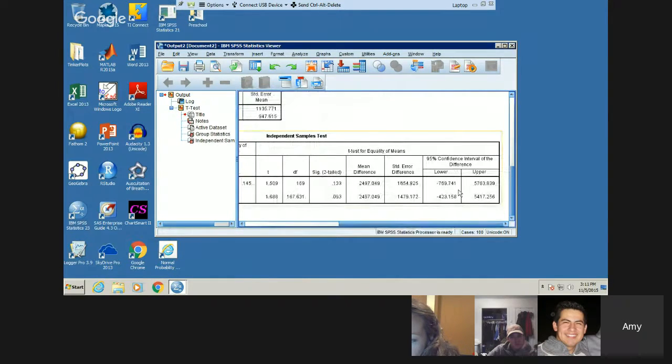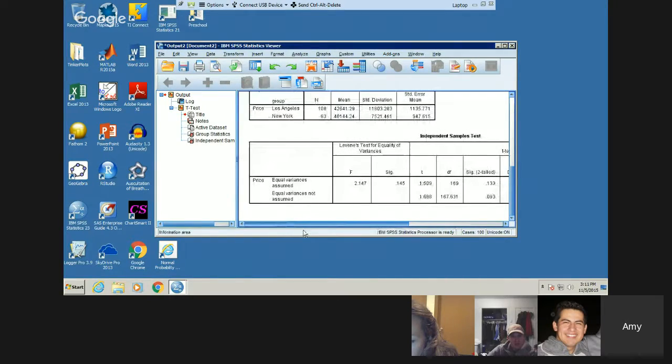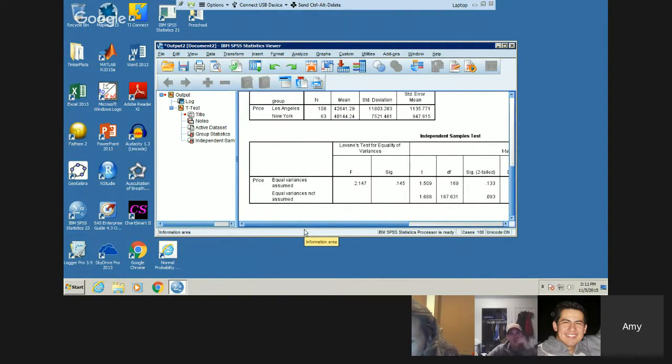The upper and lower bound. And it's the bottom that we use, right? Over here there's equal variance assumed and equal variance not assumed. So let me look at the question again. I guess we're assuming equal variance, right?